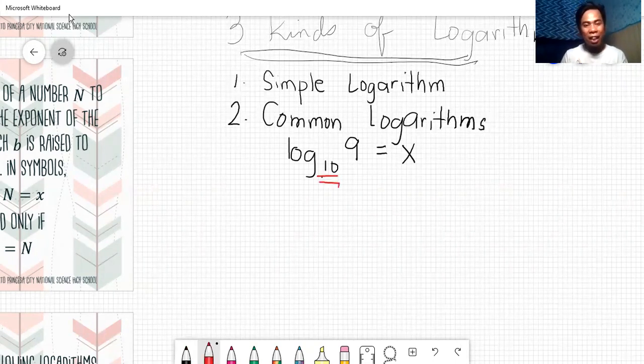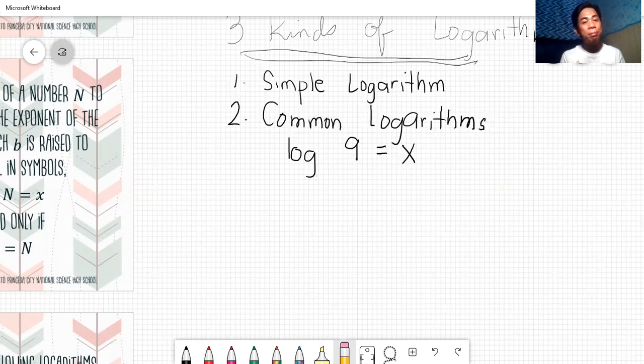And if it's a logarithm with a base 10, we don't write 10 here. It's simply okay to write logarithm of 9 is equal to x, because it is understood that in a logarithm without any base, the base is 10.